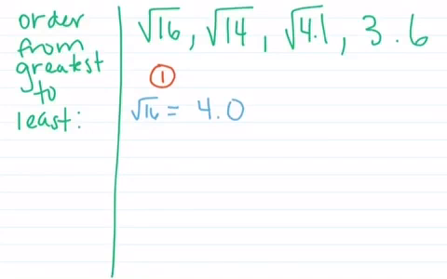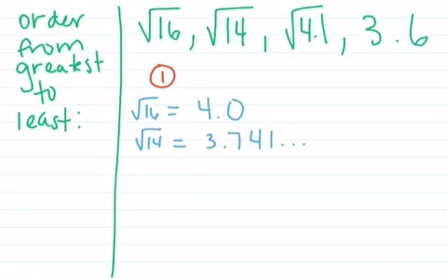And I can put 4.0. The square root of 14, so you would get your calculator, square root of 14, and it's going to give you 3.741, and that number is going to keep going. So I'm going to put a ... It's an irrational number, all right?